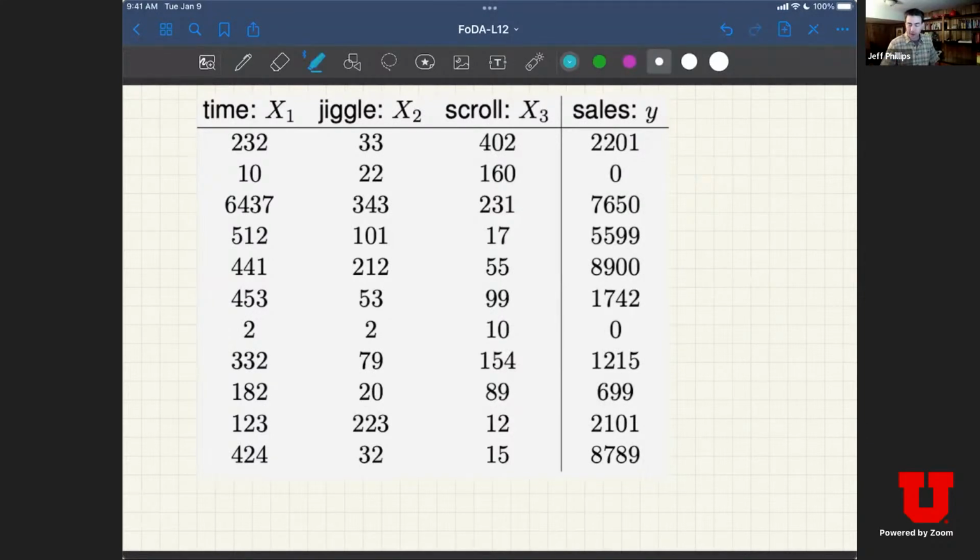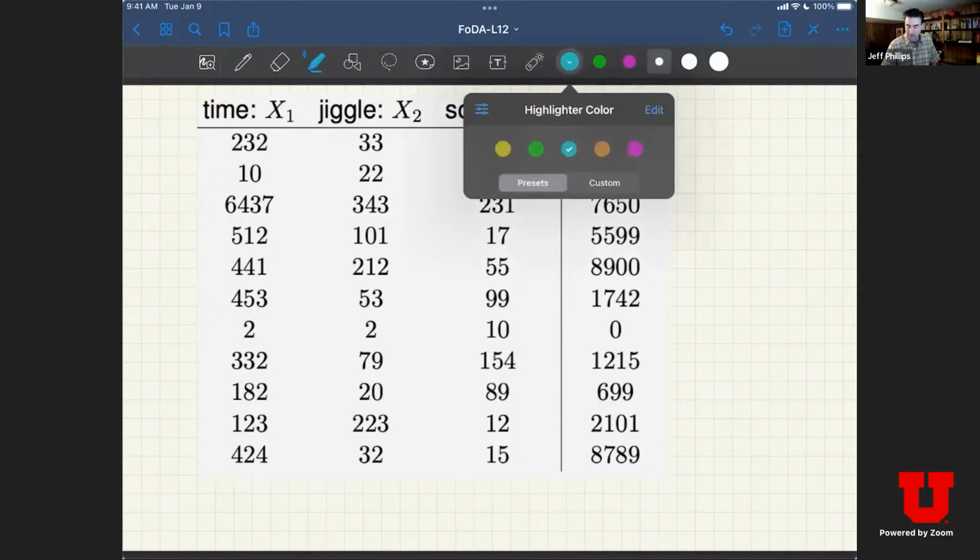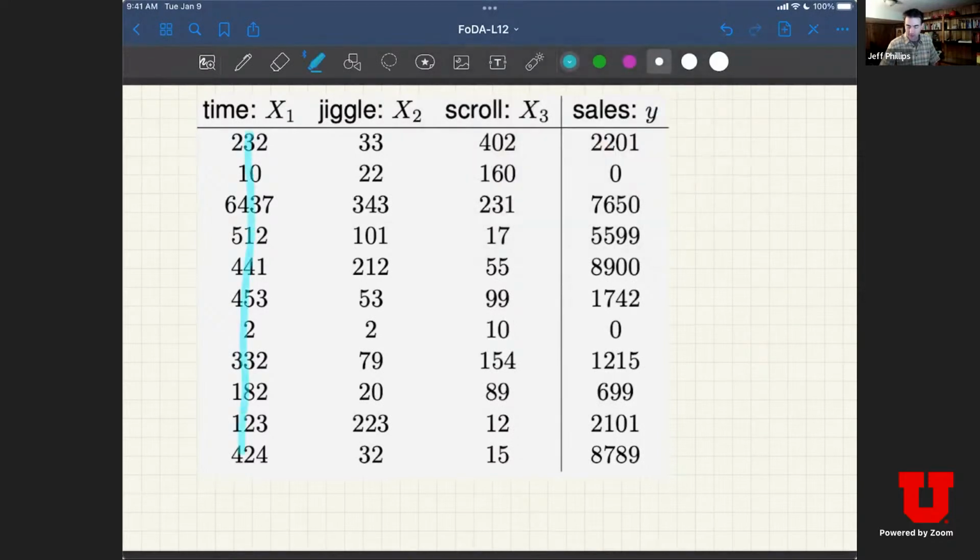So the first column here is capturing the time that the customer is staying on the website, in seconds. Let's say the first customer is 232 seconds, the second one is 10 seconds, and so forth. The other thing you can monitor is how much they are moving the mouse.